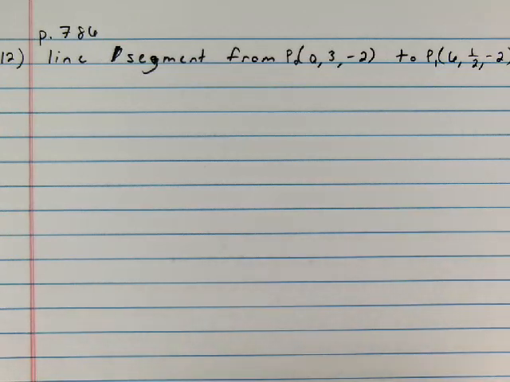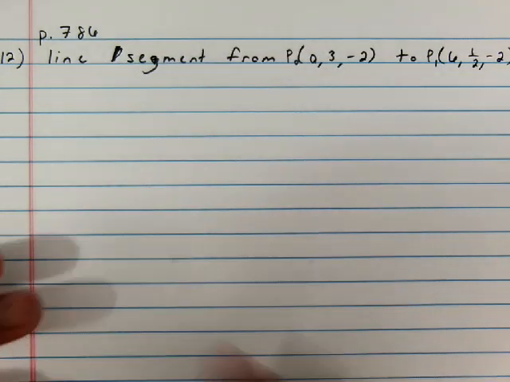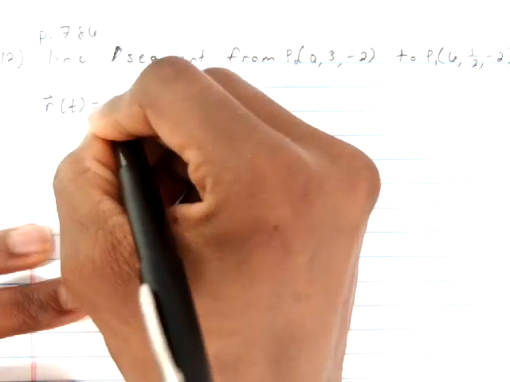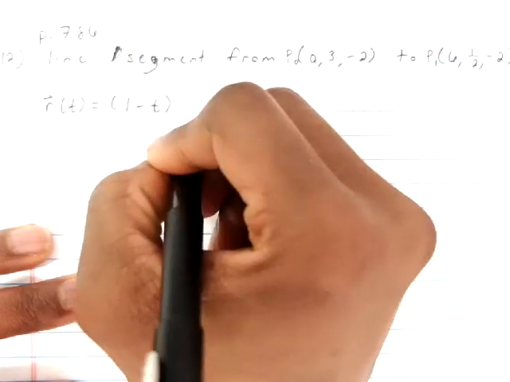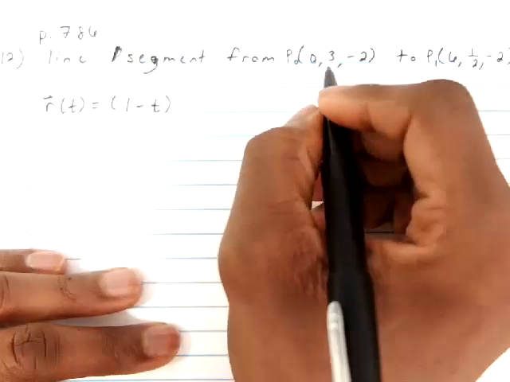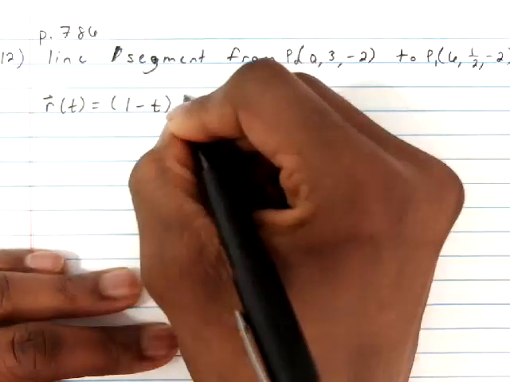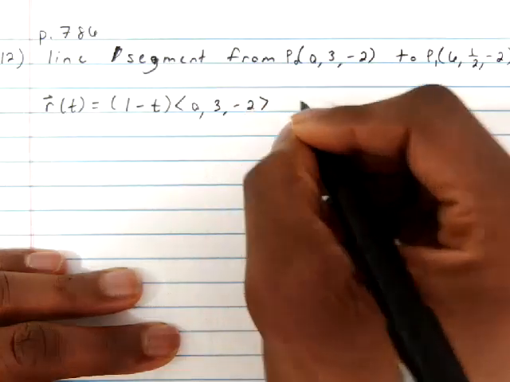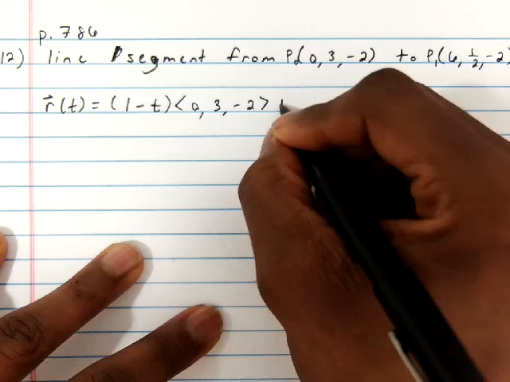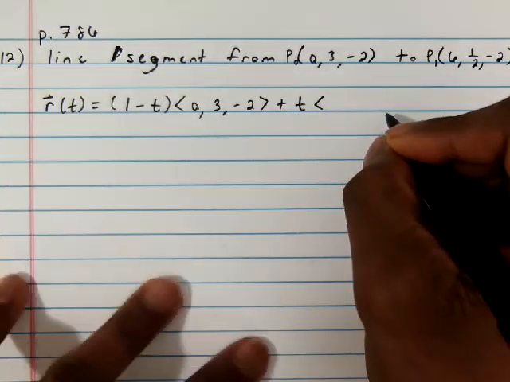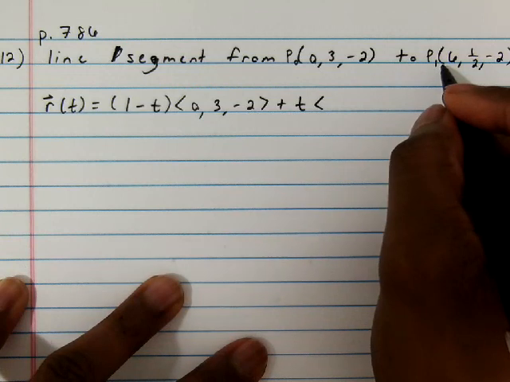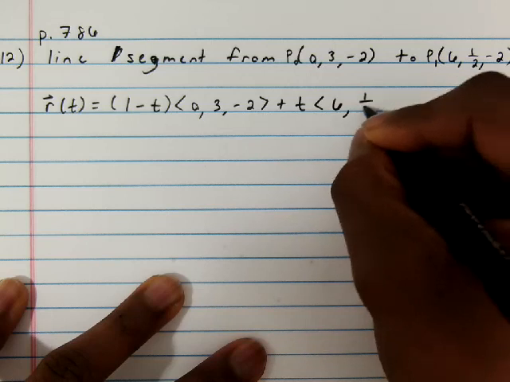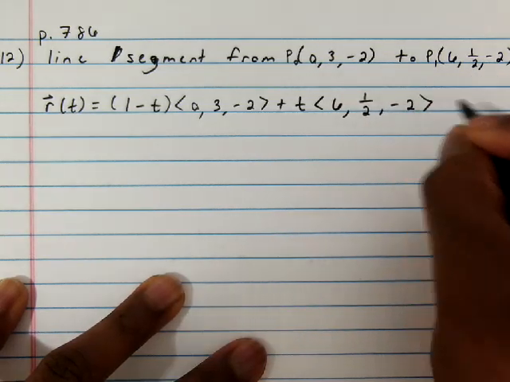All right, so now we're going to use one of those parameterizations I just gave you all. There's r of t equals 1 minus t times R0, and our R0 just has the same components as P0, so you can just write the vector right there, 0, 3, negative 2, and then plus t times the vector with the same components as P1, so 6, 1/2, negative 2.